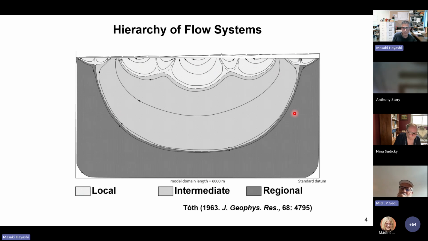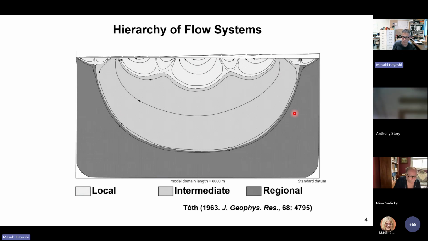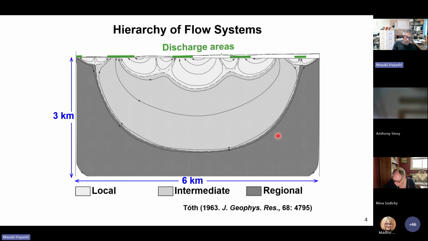It is appealing and it makes sense to a lot of us who have studied groundwater. But when you look at this diagram carefully, these are the discharge areas. There are many discharge areas corresponding to different flow systems. When you look at it carefully though, you note the scale.